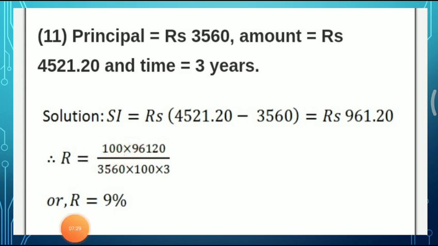You write the formula for rate: R is equal to 100 multiplied by SI by P multiplied by T. So 100 multiplied by 961.20 by 3560 multiplied by 3, and you cancel it. So answer is R is equal to 9% per annum. Okay.